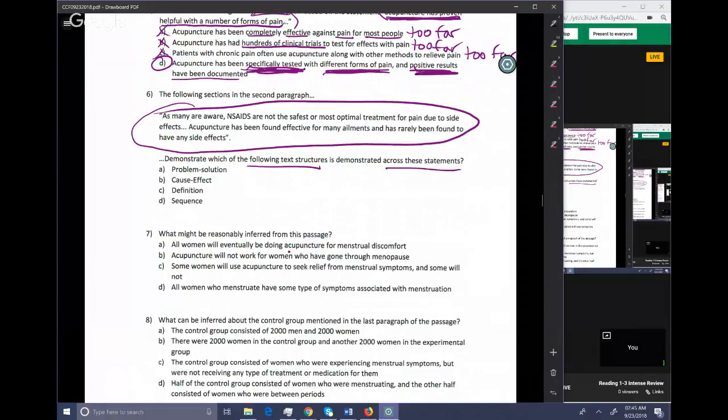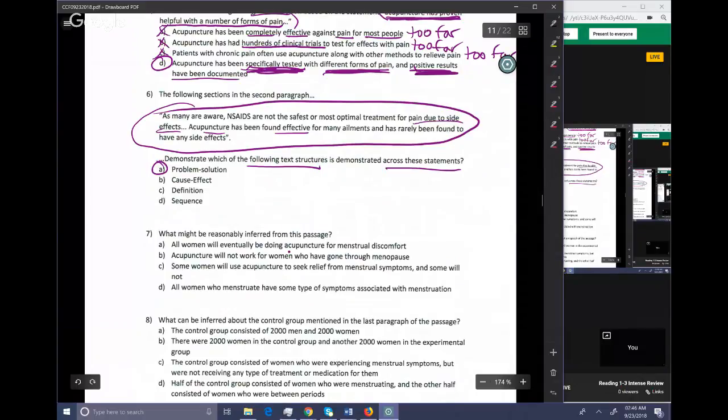There are 2 ways that this can be answered. Of course, only one of them is actually present for you to pick, and that's problem solution. So the problem is that there are side effects. It's not an optimal treatment. There's side effects. The solution is acupuncture is also effective.